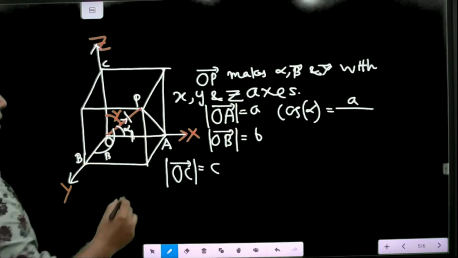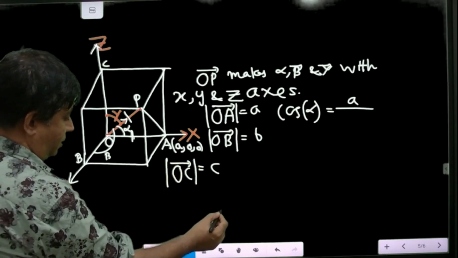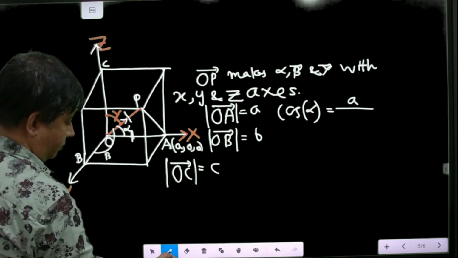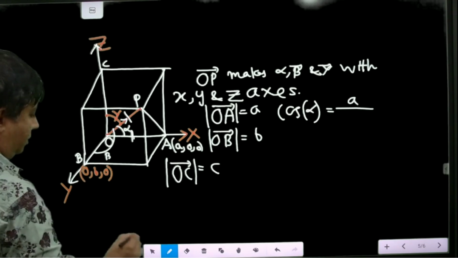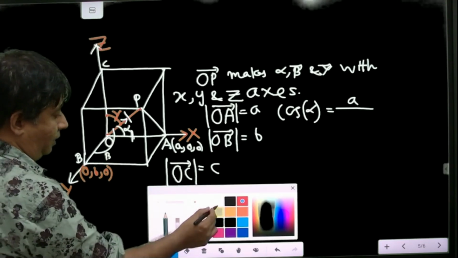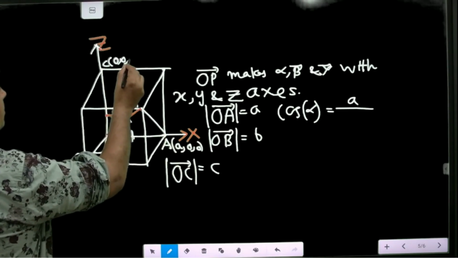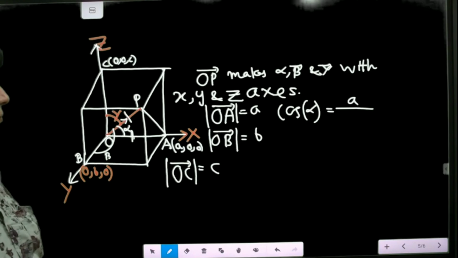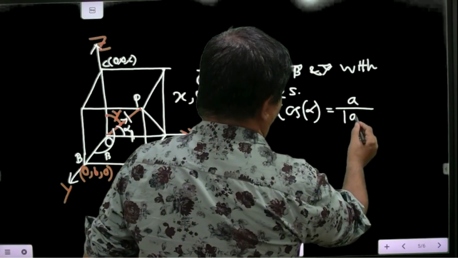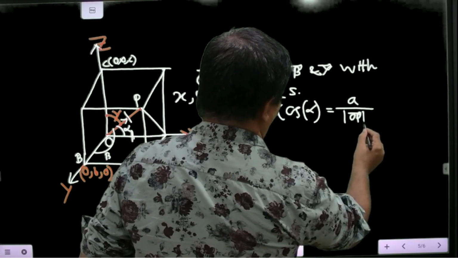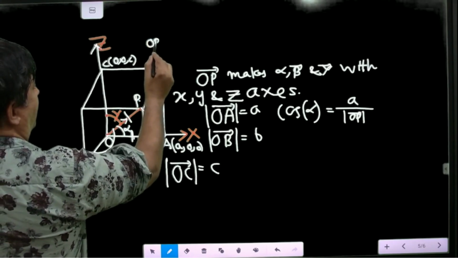If this point is A, 0, 0, this point is 0, B, 0, and that point is C, 0, 0, C, then cos alpha will be what? A by magnitude of OP. What is OP? By coordinate, OP is what?